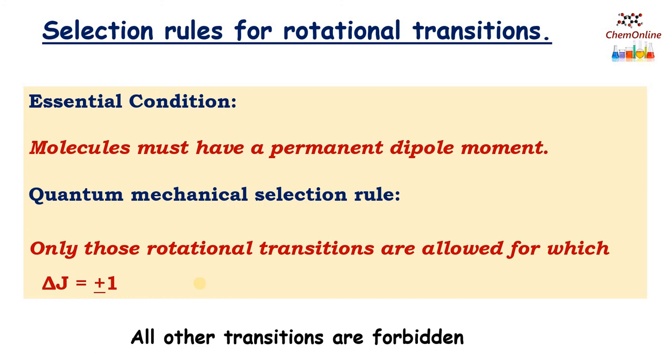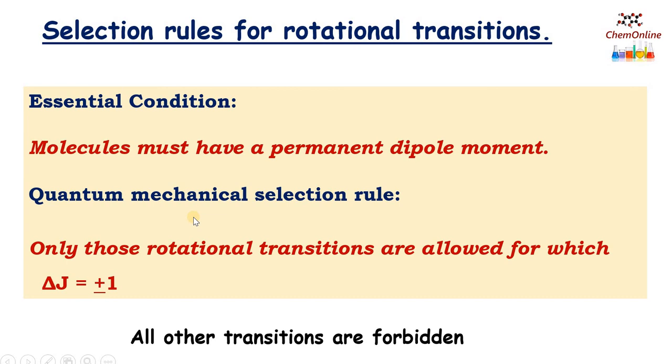That is, only those rotational transitions in which the rotational quantum number J changes by 1 unit are allowed, and all other transitions are forbidden. This is the selection rule for rotational spectroscopy. So we have two conditions. The first and foremost condition is that the molecules must have a permanent dipole moment.